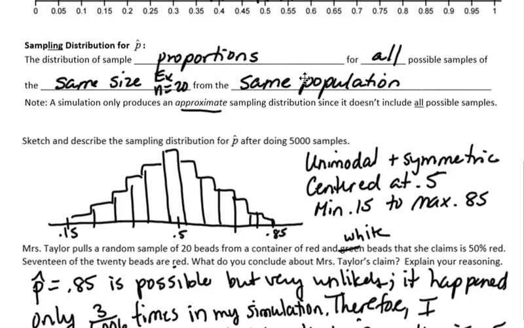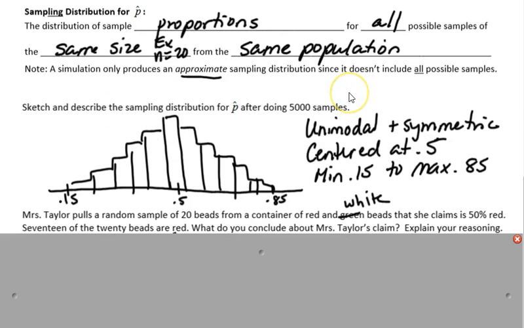Now, when I did 5,003 samples in my little example just now, I didn't get all possible samples. I only got 5,003 samples. So this would technically be only an approximate sampling distribution, but we can be fairly certain that the real sampling distribution, including all possible samples, would look very, very much like what we have with 5,000 samples.